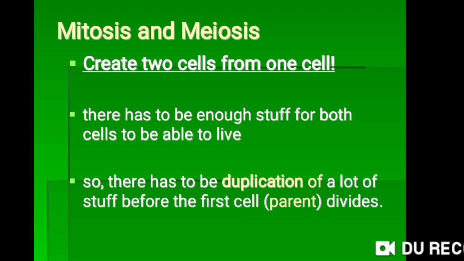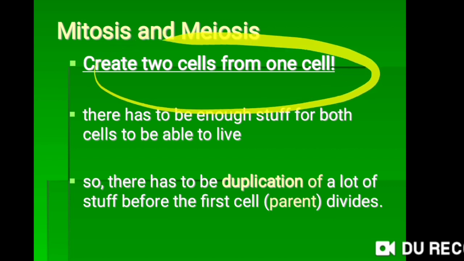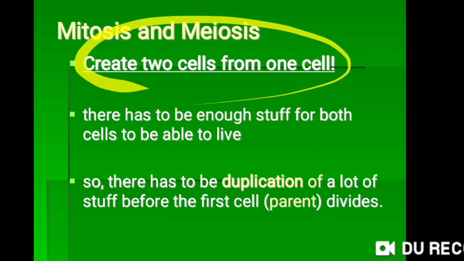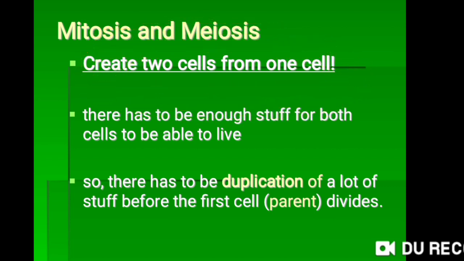Now, why do mitosis and meiosis actually happen? They create 2 cells from one cell. This is the basic reason mitosis and meiosis occur: to create new cells from one. But mitosis, as I said earlier, is responsible for only 2 identical cells, and meiosis produces haploid but different cells. There has to be enough stuff for both cells to live.